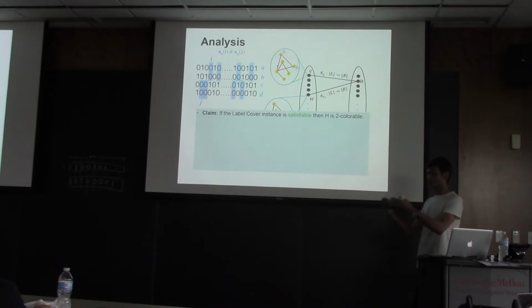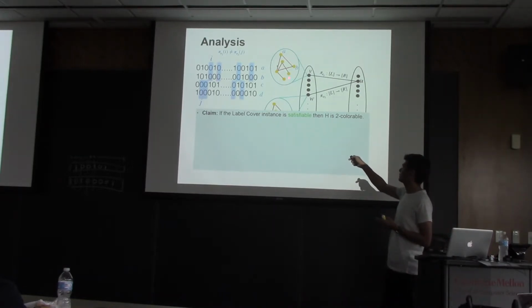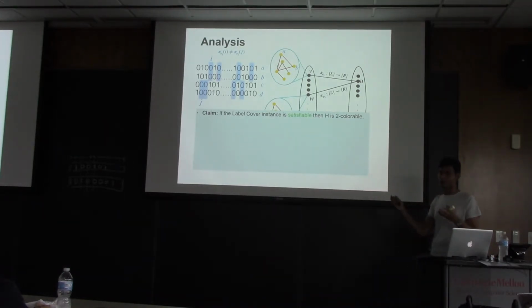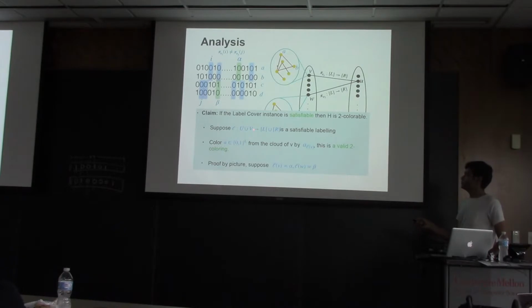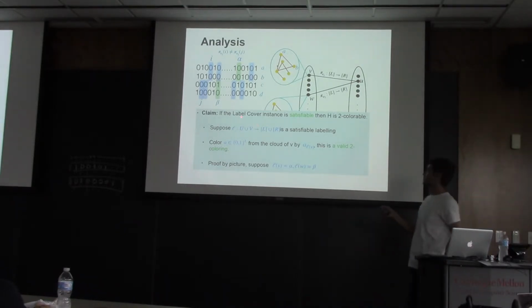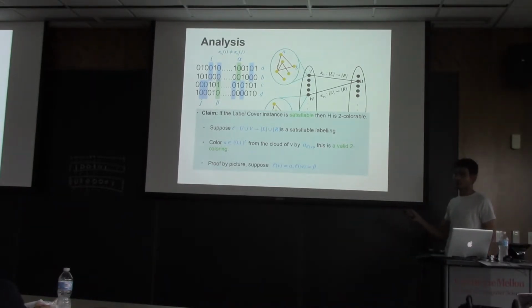So we need to come up with a coloring of these vertices with, say, 0 and 1, which does not lead to any monochromatic hyperedge. Let's start with the assumption that the label cover instance is satisfiable. So let's fix the satisfying assignment.